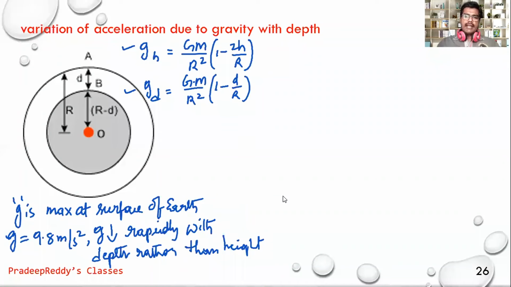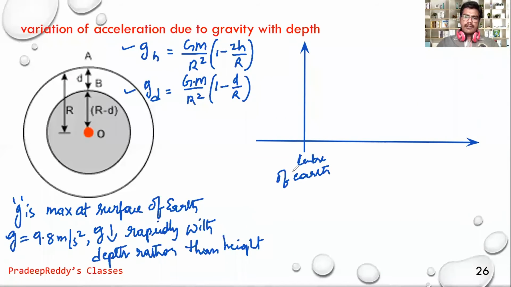Now let us plot the graph for the variation of acceleration due to gravity with depth and height. This is the center. We are considering this as the center of the earth. At the center of the earth, g is 0.